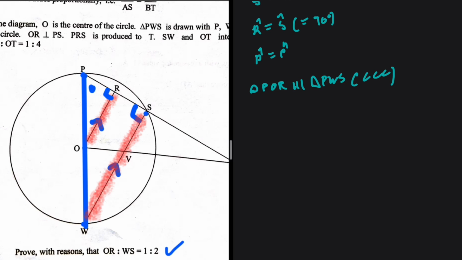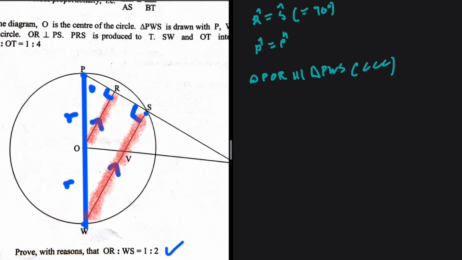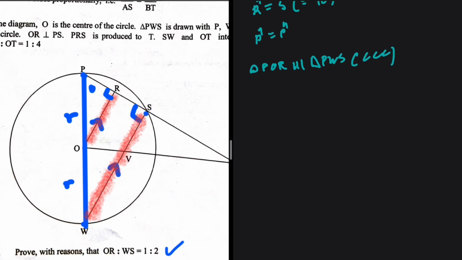But I want you to realize something. OP is a radius. This is a radius right here. And then OW is a radius, right? So PO divided by OW should be 1 over 1 because it's a radius. No issue whatsoever.